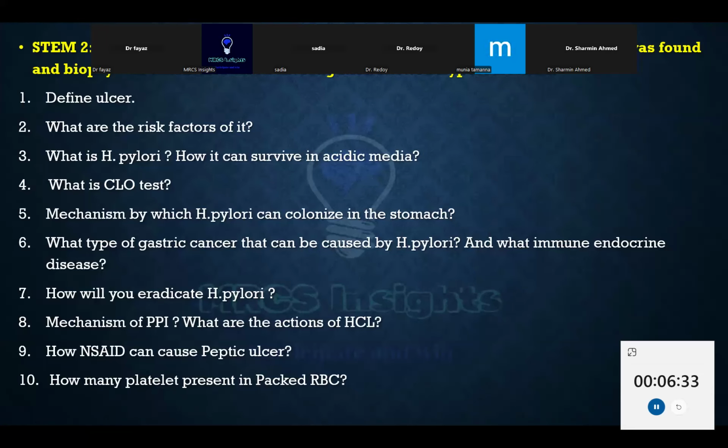Okay, very good. And which mechanisms help Helicobacter pylori to colonize in the stomach? It will produce urease enzyme and convert the urea into ammonia, and neutralize the pH of the stomach, and it also has flagella, so it can swim away from the acidic medium.